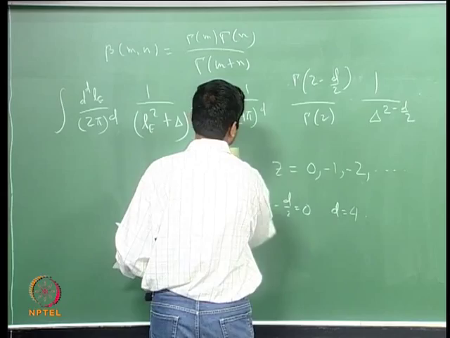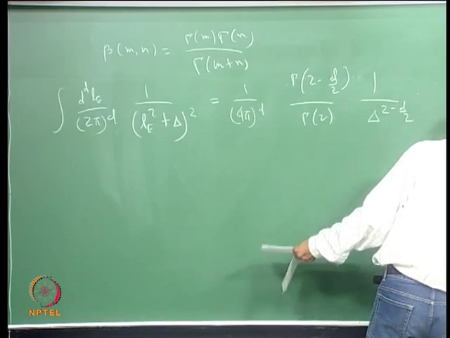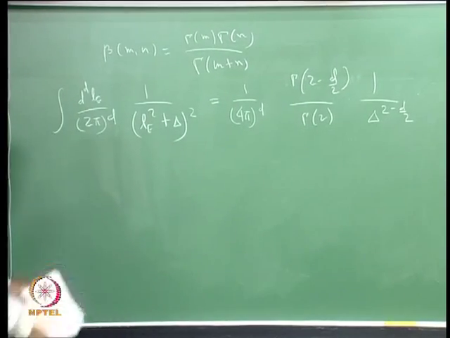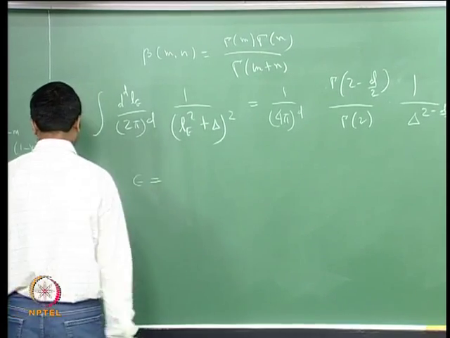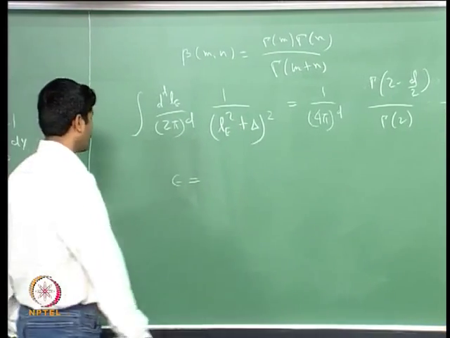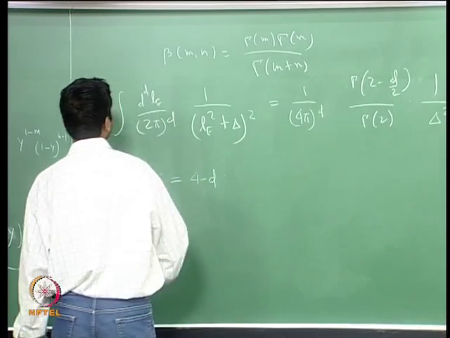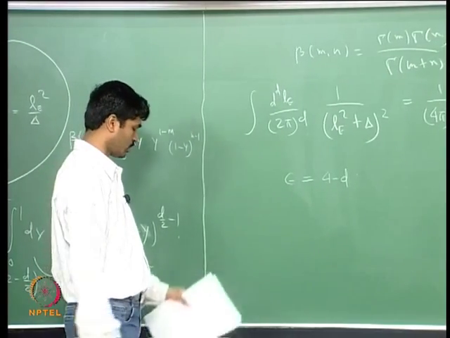What we can do is find the behavior of the integration here when d approaches 4. So, to do that, I will introduce epsilon, which is equal to 4 minus d, and then I will see how this integration behaves when epsilon tends to 0.